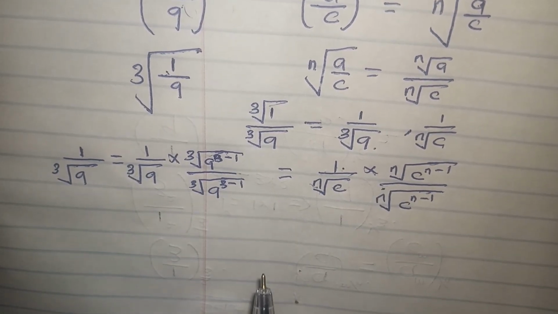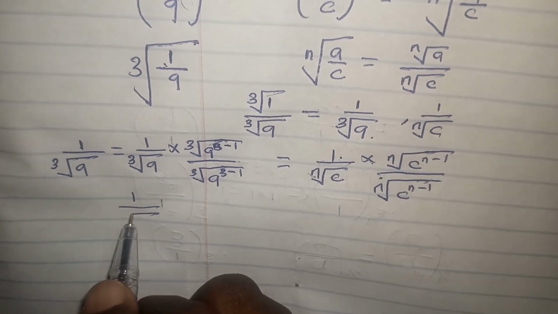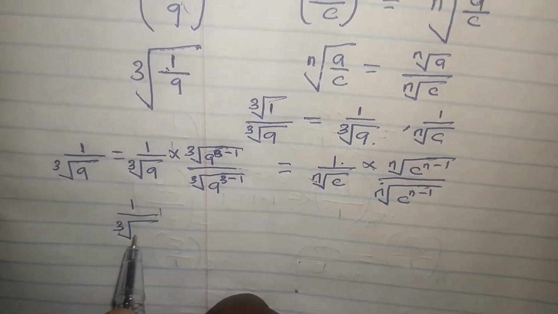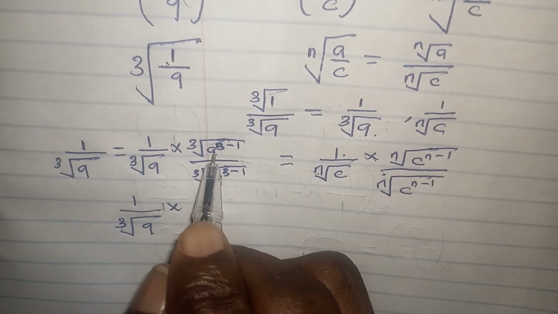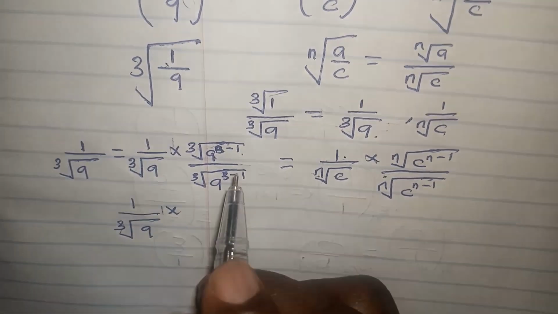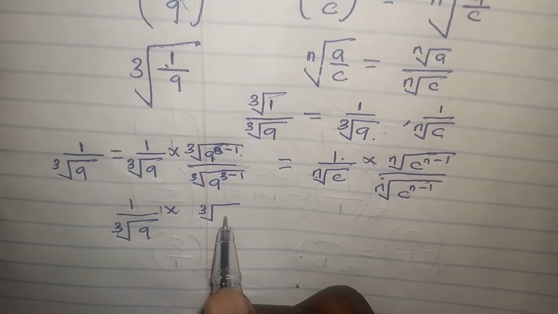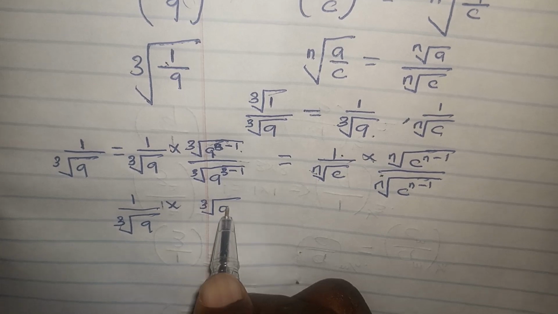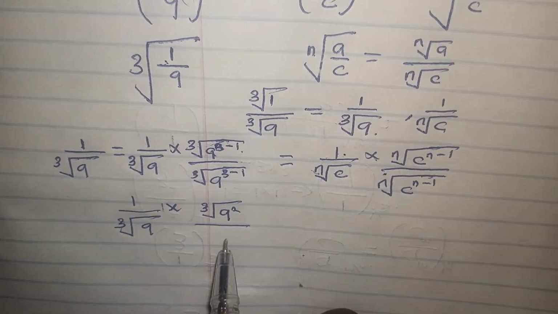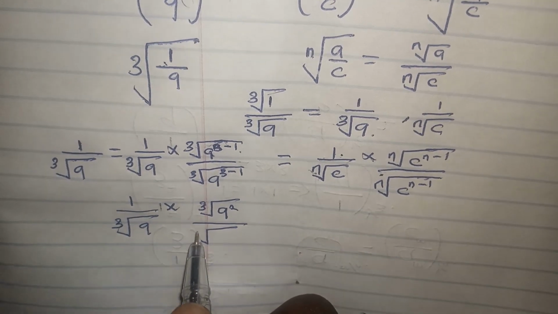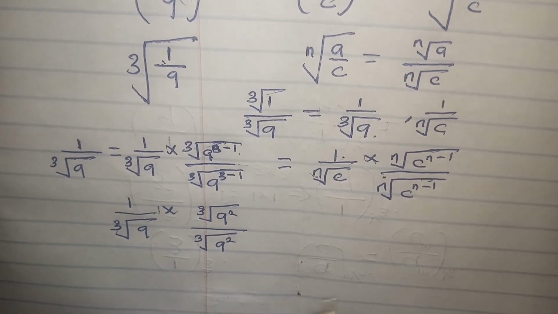So from here we are now having 1 over the cube root of 9 times the cube root of 9 to the power of 3 minus 1. 3 minus 1 gives us 2, so we have the cube root of 9 to the power of 2, over the cube root of 9 to the power of 2.